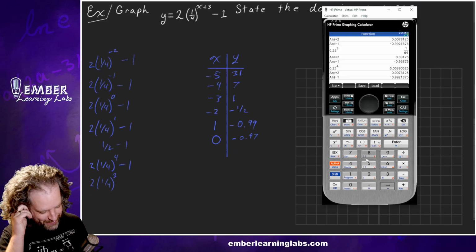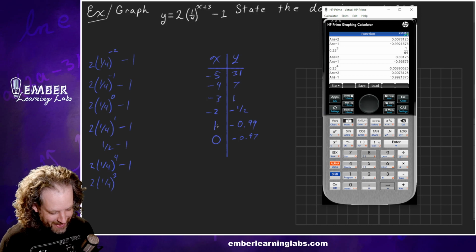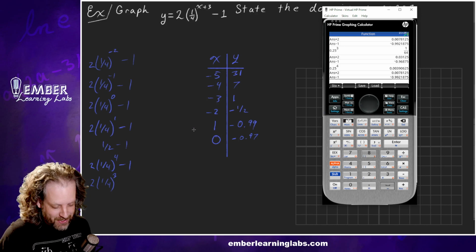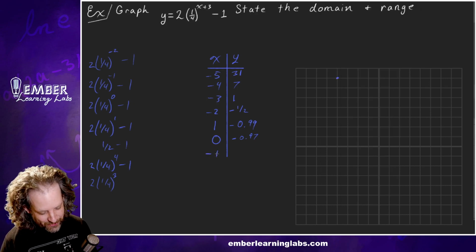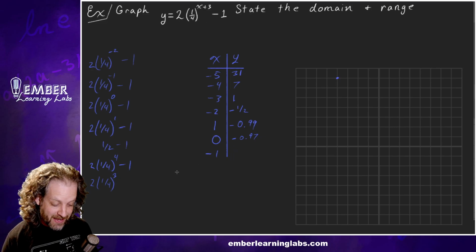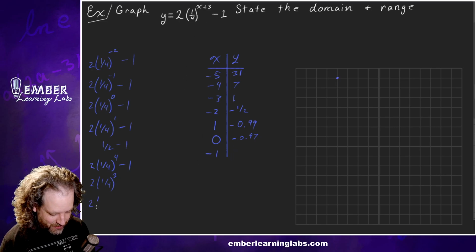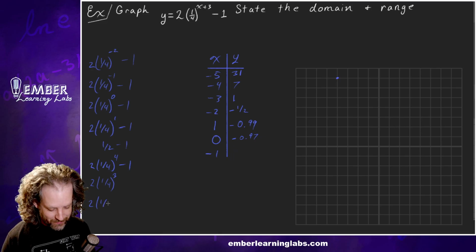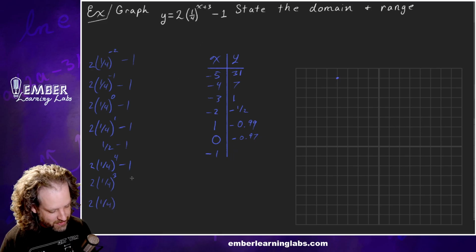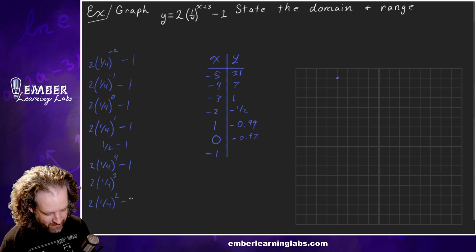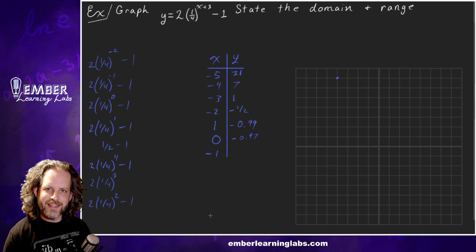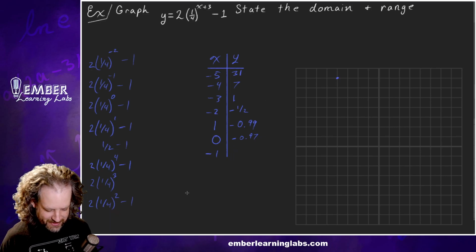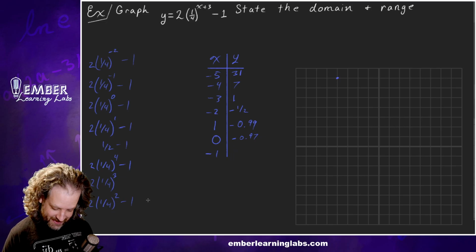So you probably got it a while back. My counting went weird. That should have been a negative 1. So let's do that one real quick. Negative 1 plus 3 is 2. So 2 times 1/4 to the 2, minus 1. I thought 1/16th in my head. I think that's why I kind of stuttered through the 1/64th. 1/16th.